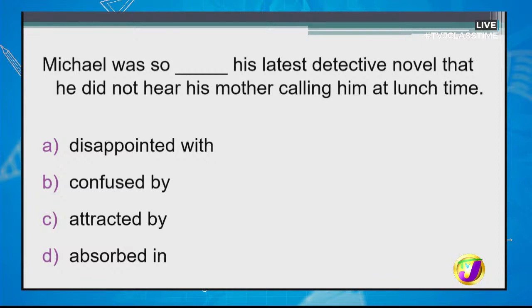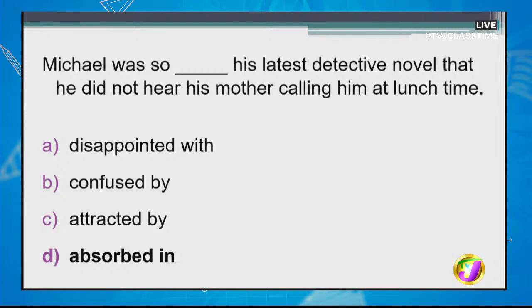Which one of those would mean that he didn't hear her calling him? Ready? Of course, it has to be that he was so absorbed in the novel. And those of you who like to read know this feeling. You're gone in a different world entirely, so you're not even hearing when the food time comes.